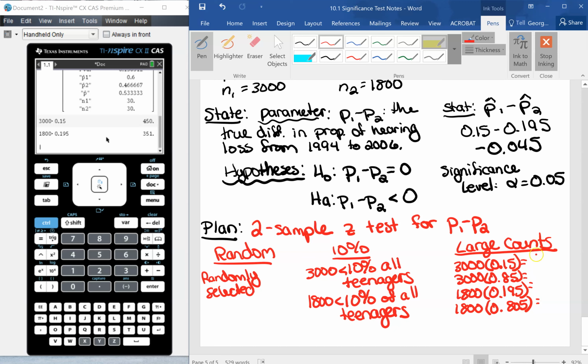Multiplying that out, that's 450, 2,550, 351, and 1,449. All of those are bigger than 10. So since all of those are true, we're good. We've met all our conditions, so we can go ahead and move on to the next part.